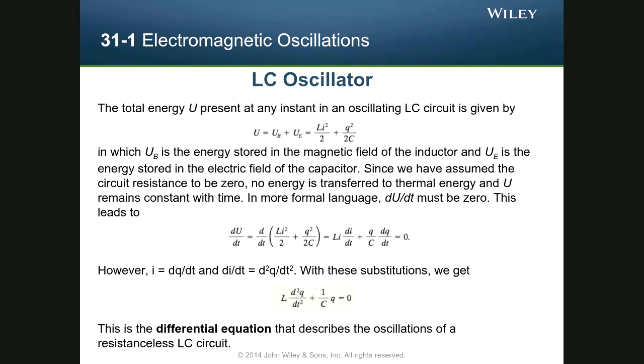So when you have this dU/dt, we know right away this equals 0 because that's just energy conservation, right? It's a system without friction or losses. But then let's take a look at our derivative term here. I'm going to go term by term.